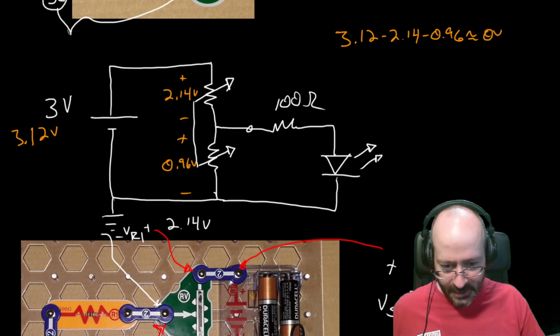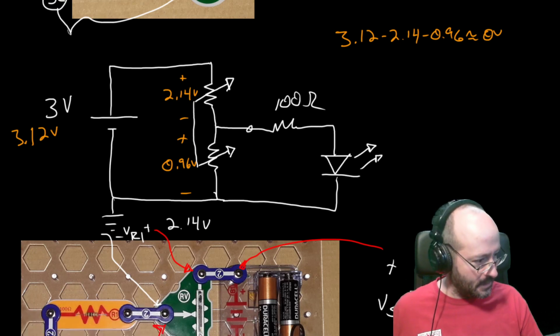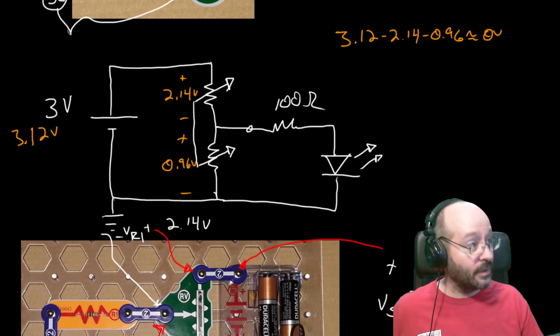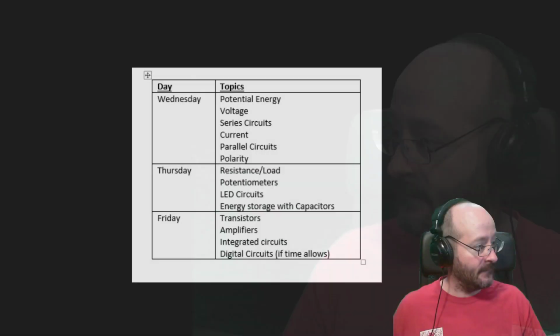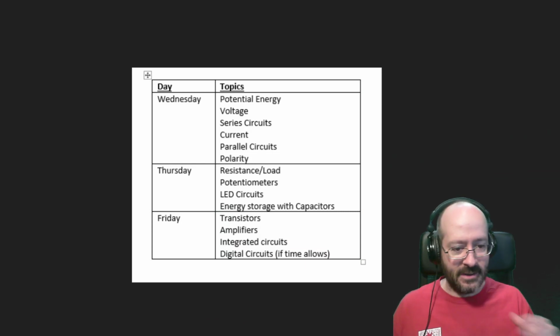Let me find my little schedule here for what we're gonna do tomorrow, just so we can know what's coming. So let me go to camera so that I can rummage around my desktop a little bit. Come on. There we go. So that's what I had originally.